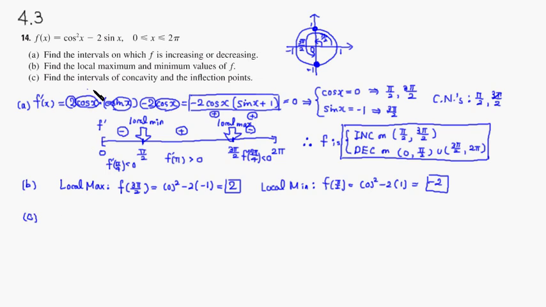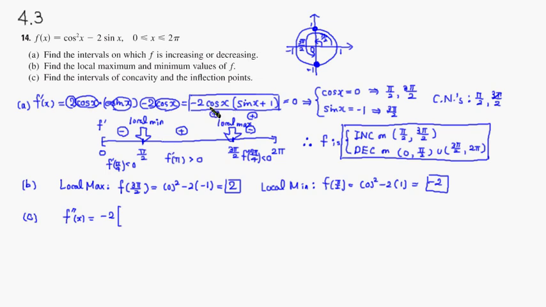All right, so let's do part C, intervals of concavity. We need to look at the second derivative. So f double prime of x is equal to, we're going to take the derivative of that. Negative 2 is outside, so I'll leave it there. Then we use the product rule.